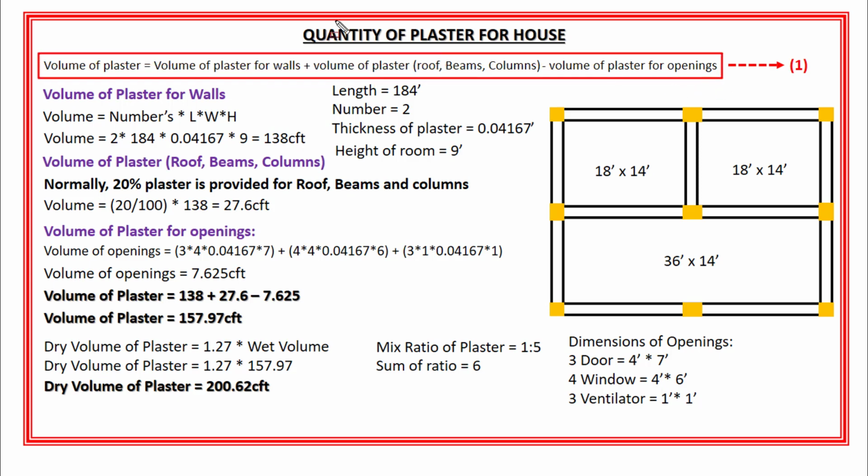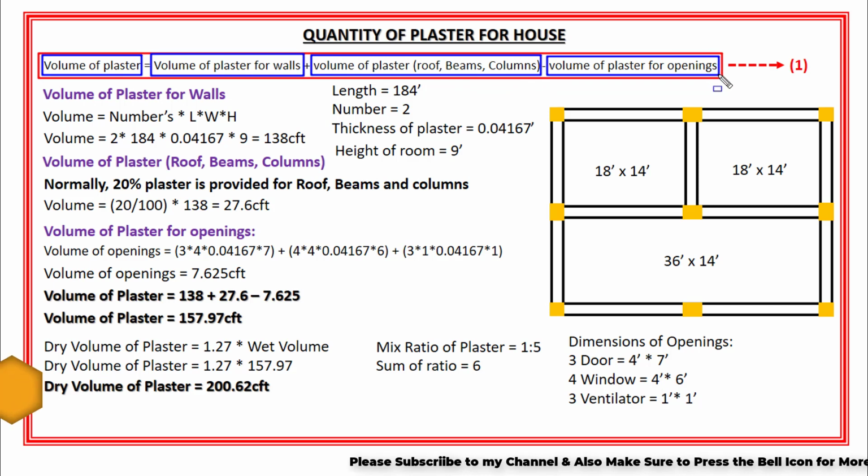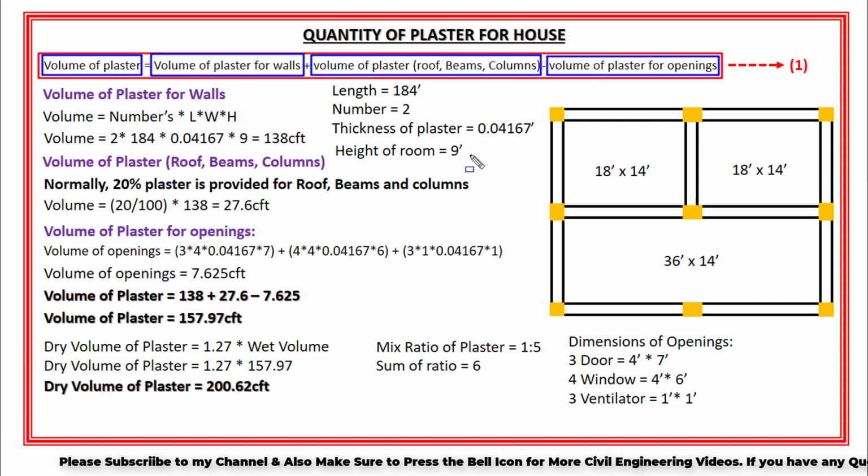According to my formula, the volume of plaster is equal to volume of walls plus volume of roofs, beams and columns minus volume of openings. Okay? So this is a very simple and useful formula which I have created for the volume calculation of plaster.